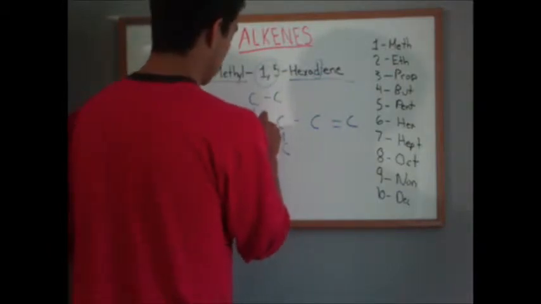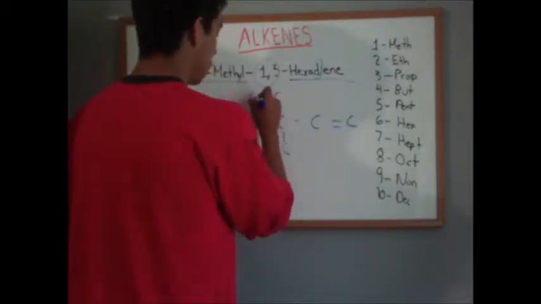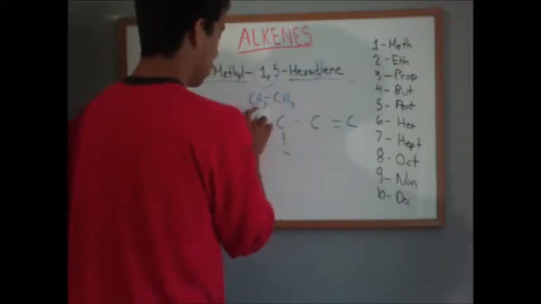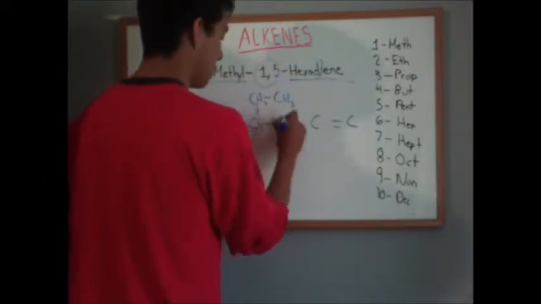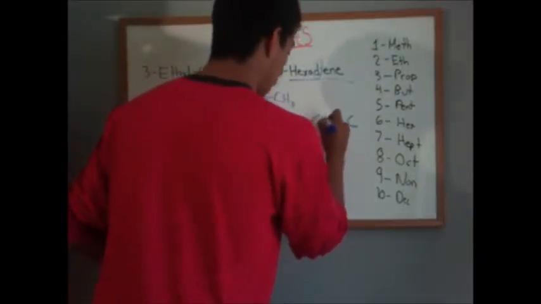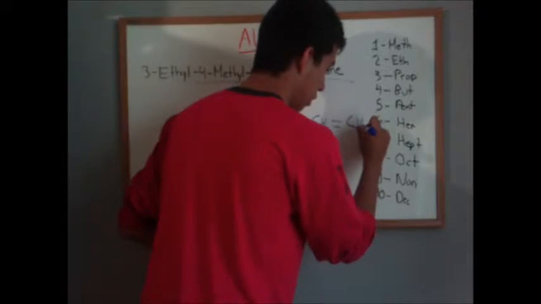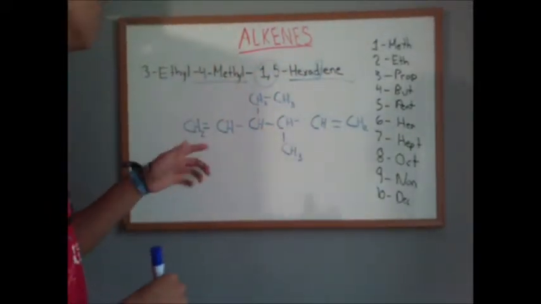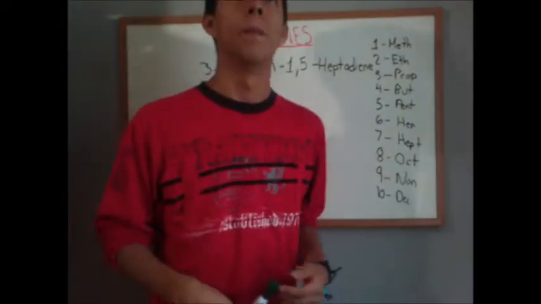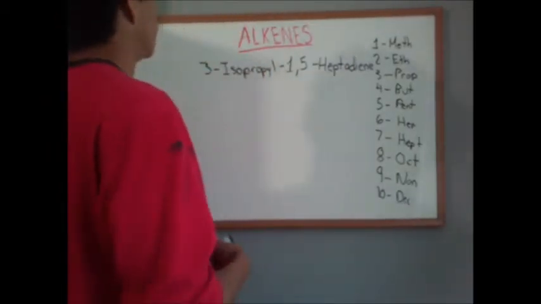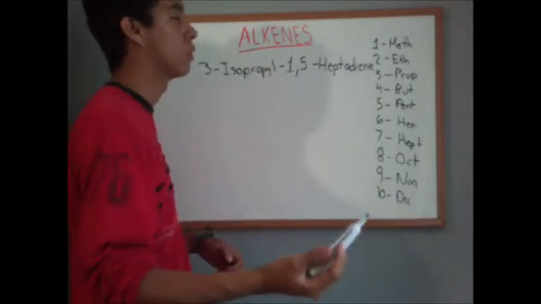This is H, H2, H3, CH, H3, H, and H2. This is our alkene. Okay, here we have the last example, and here we're going to draw it.